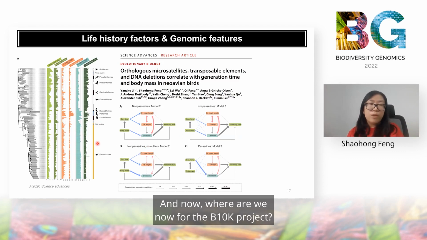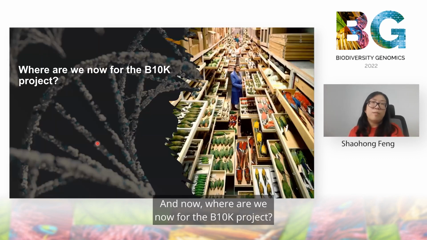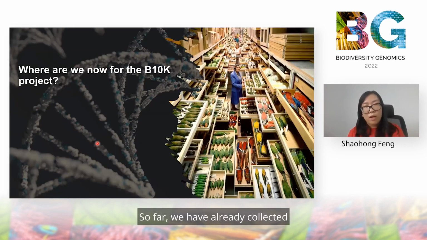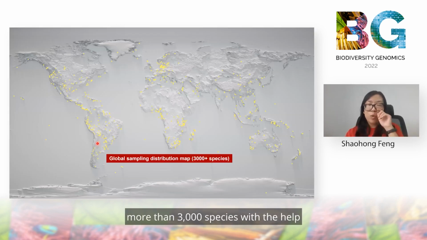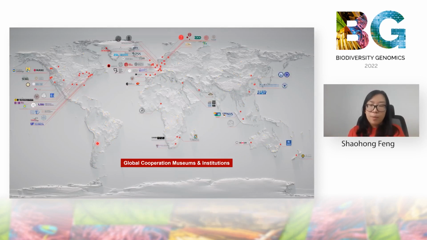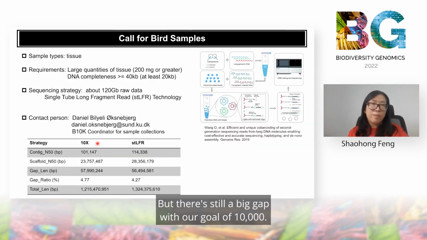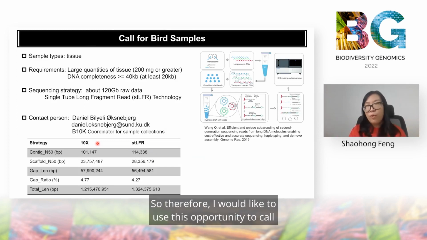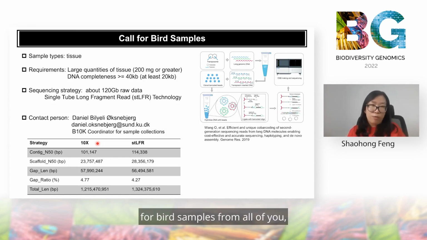And now where are we now for the B10K project? So far, we have already collected more than 3,000 species with the help of many museums from around the world. But there's still a big gap to our goal of 10,000. So therefore, I would like to use this opportunity to call for blood samples from all of you.